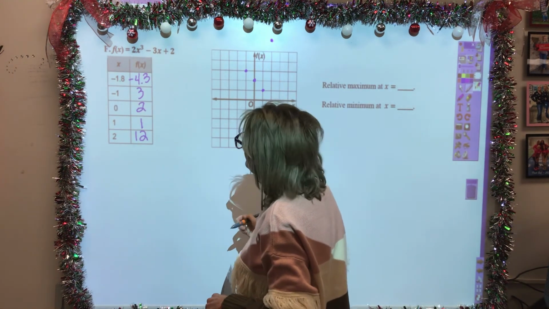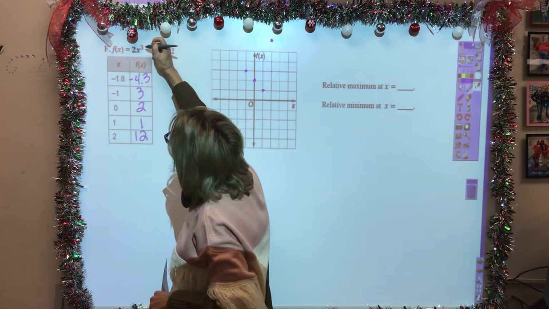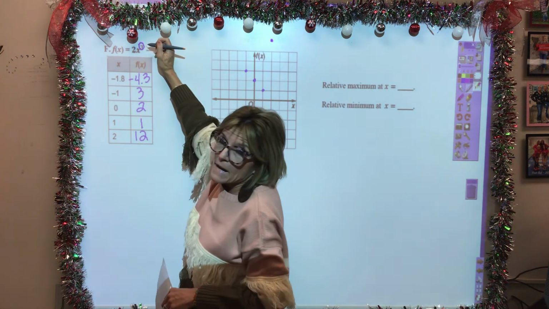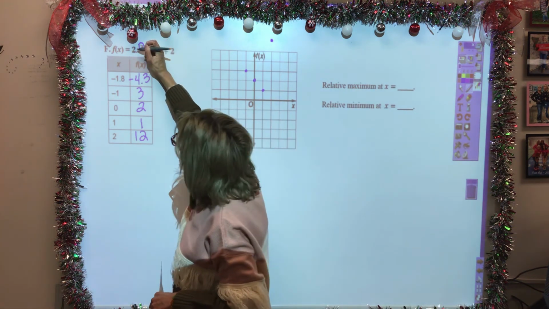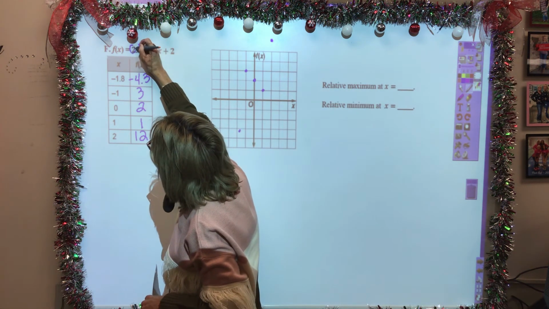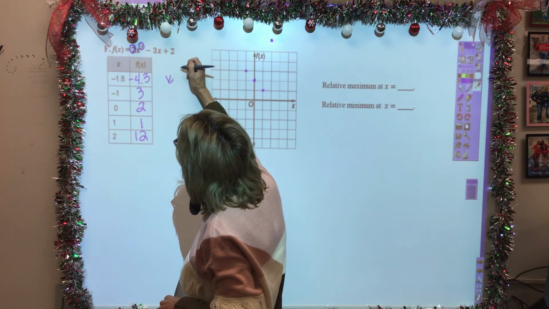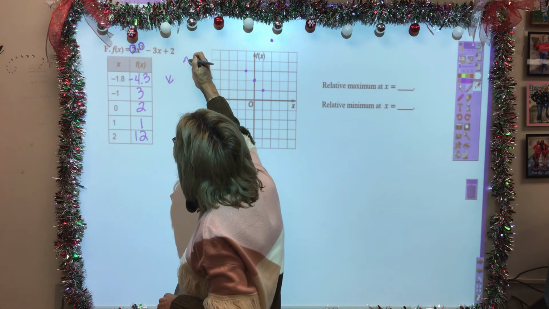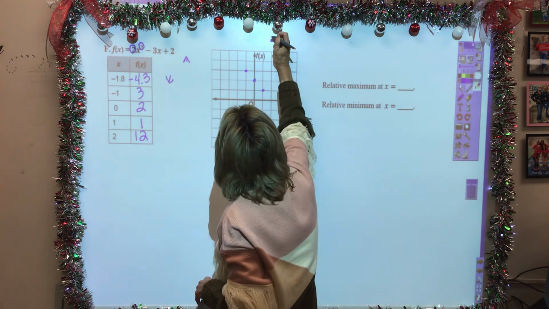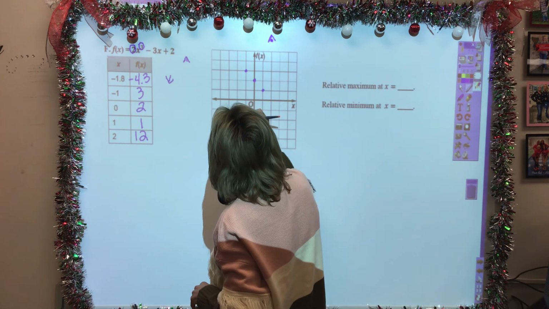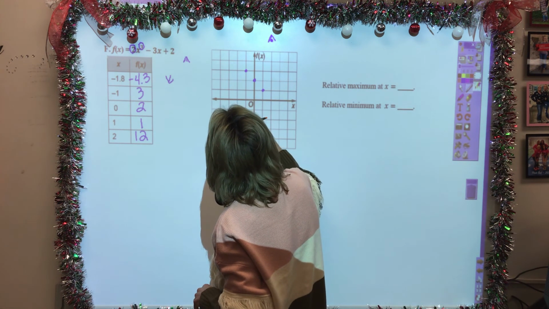So we want to also look at our end behavior. We have our odd power, but we have a positive coefficient. So again, we're going to point down on the left, up on the right. So let's make this one up. Let's make this one down, and then let's connect our points.